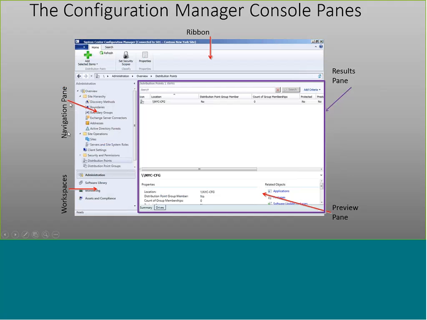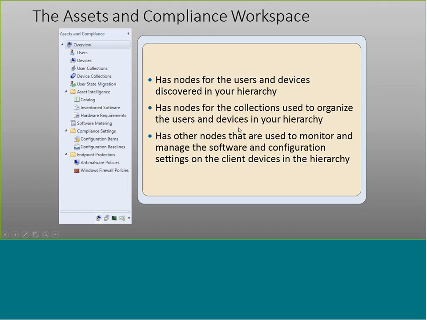There's a navigation pane where all the workspace-related features will be showing. If it is administration, it's related to that, and software library, it will be related to that. This is the ribbon, results pane, and preview pane. Okay, if we go ahead, the assets and compliance workspace.